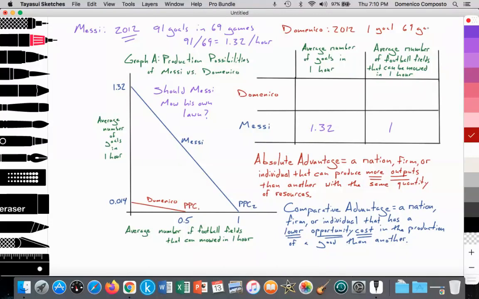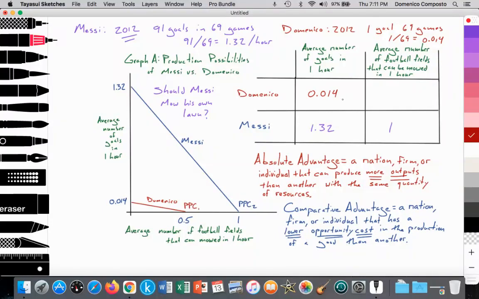Pretty sad. So if we divide that, 1 divided by 69, that's going to work out to average number of goals per hour, and that equals about 0.014. Very unlikely that I will score in an hour.